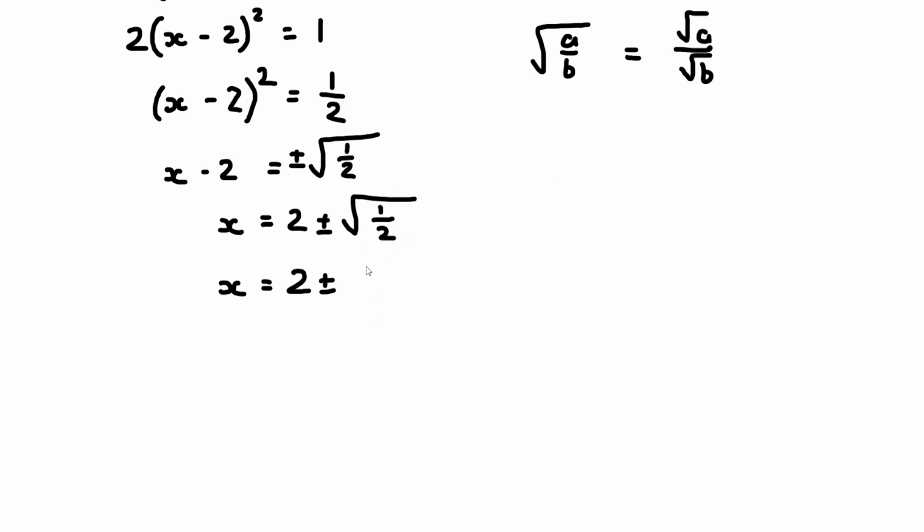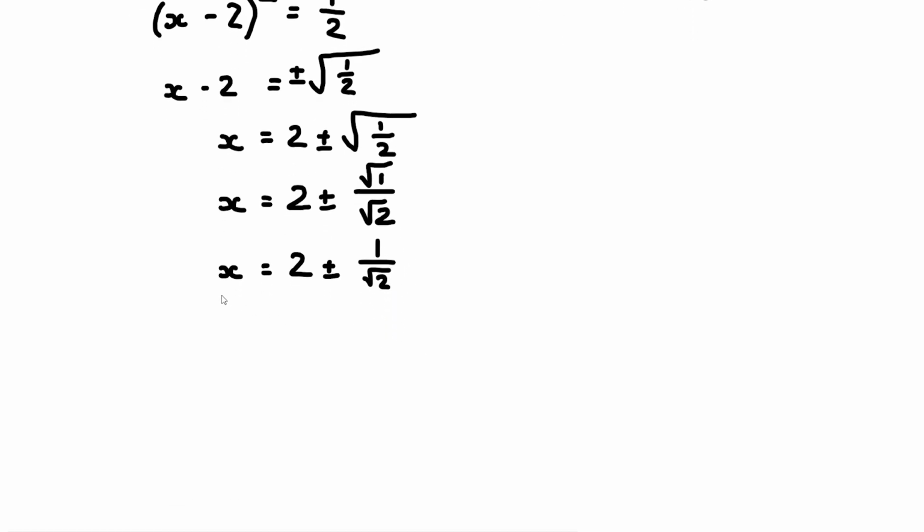So we can rewrite this as root 1 over root 2, and the root of 1 is just 1. So we can simplify that even further to just have 1 over root 2. Now this is already in surd form, so this can be our final answer.